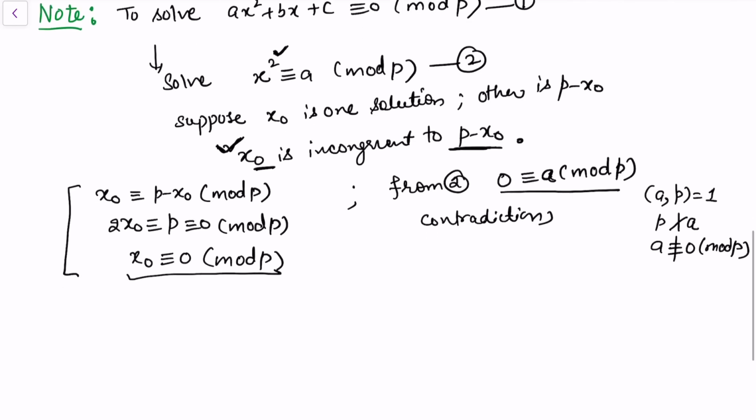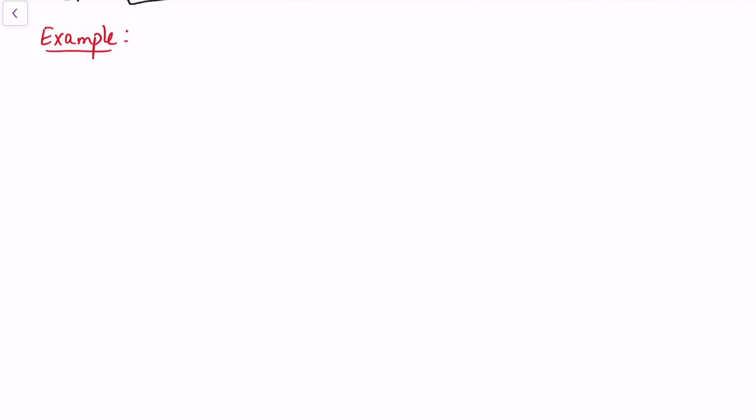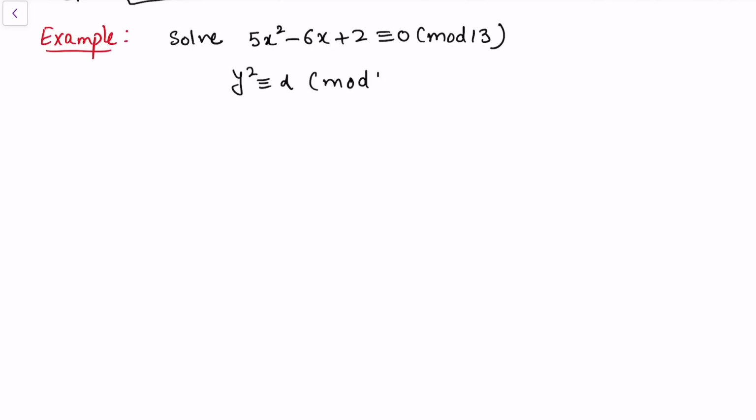Now let us take an example to explain this concept. In this question, I want to solve this quadratic congruence. I want to reduce this into some y square congruent to d modulo 13. 13 is a prime. What is the value for y? From the above substitution, y was 2ax plus b, and d is b square minus 4ac.